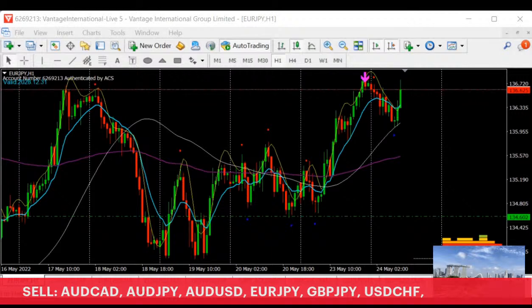It's not really that new yet. There's a lot of turbulence in pound yen. Yes, that's right, a lot of turbulence in pound yen. I do agree.